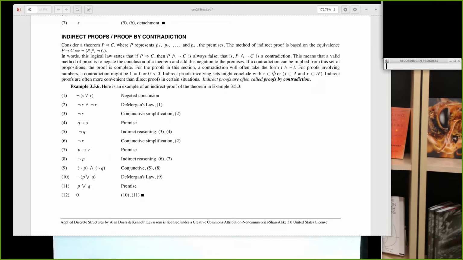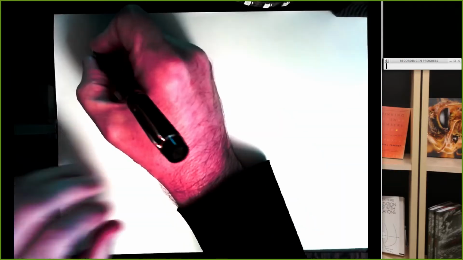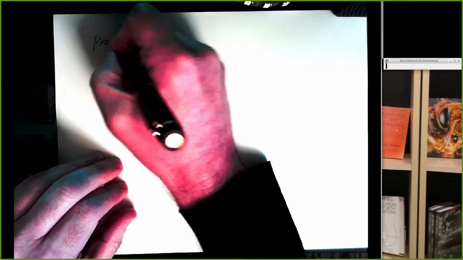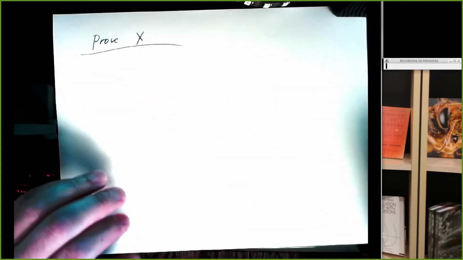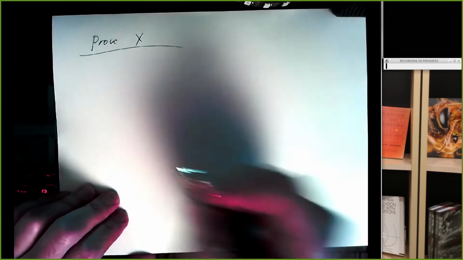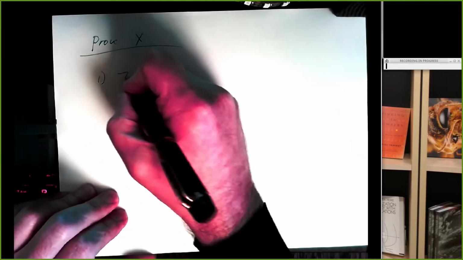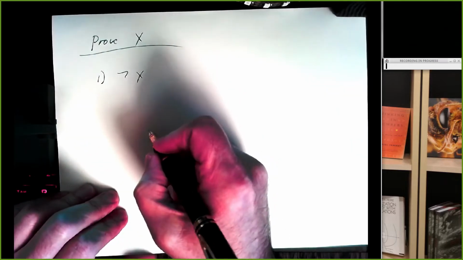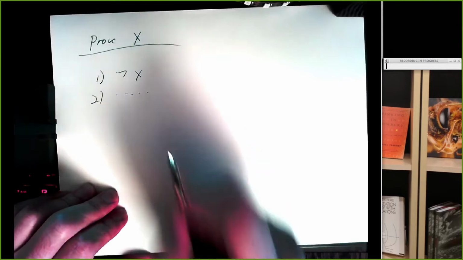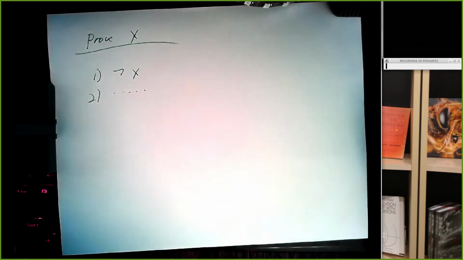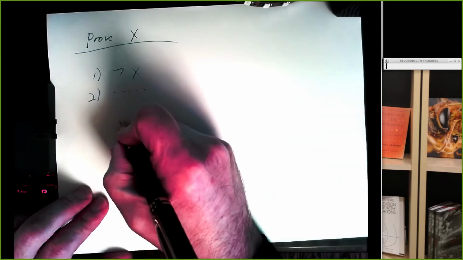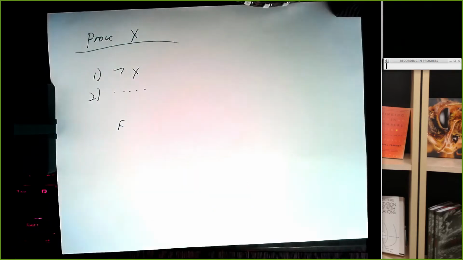Okay. And the mechanics of what's happening here is, let's say we were trying to prove x. So we begin our proof with not x, and we do some stuff, we do some theorem, some magic, whatever, and eventually we come up with false.